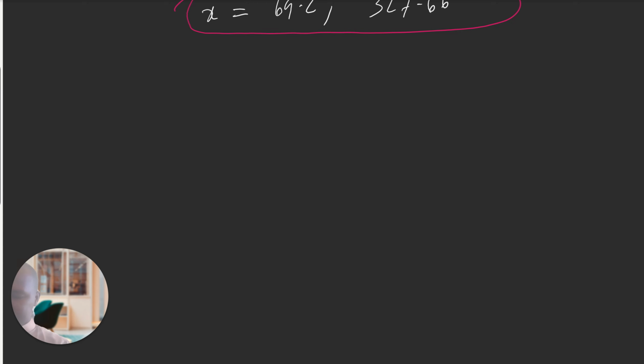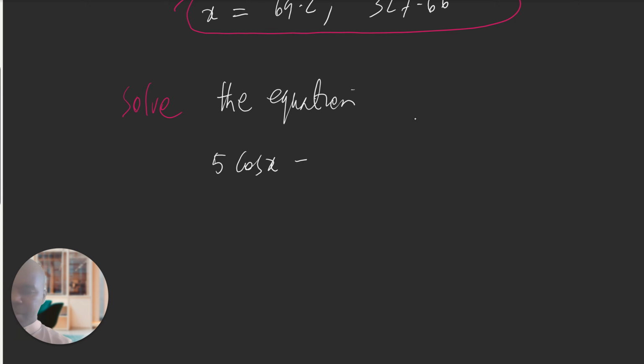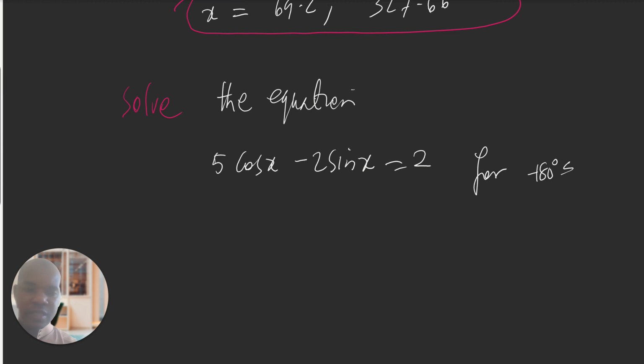So the question is, solve the equation 5 cosine x minus 2 sine x equals 2, and this is valid for negative 180 degrees less than or equal to x, and x is less than or equal to 180 degrees.